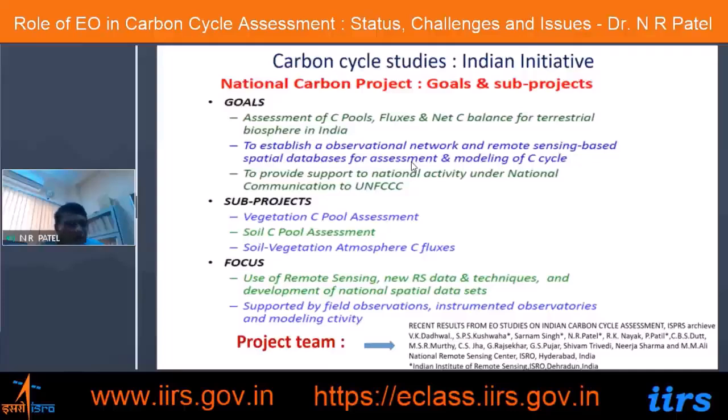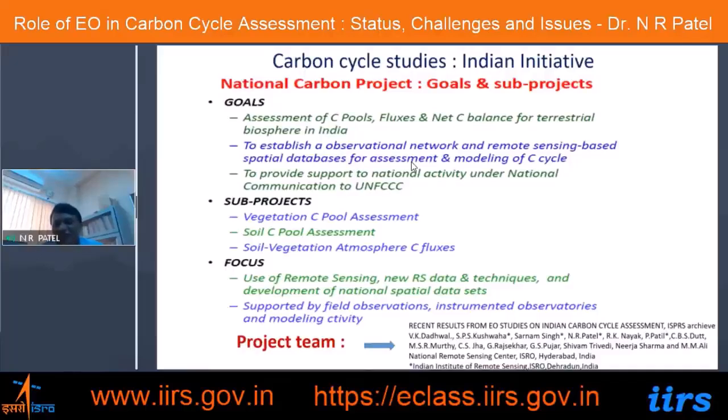And also apart from this, we have established a network of observation sites for carbon budgeting, and also use remote sensing based modeling and upscaling techniques for assessing the carbon cycle.